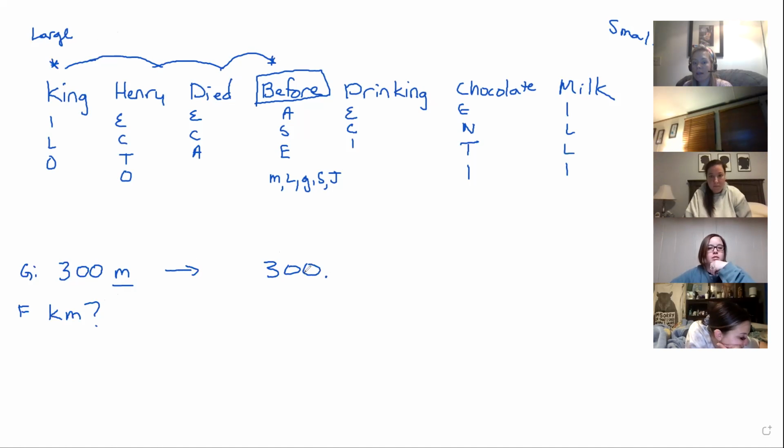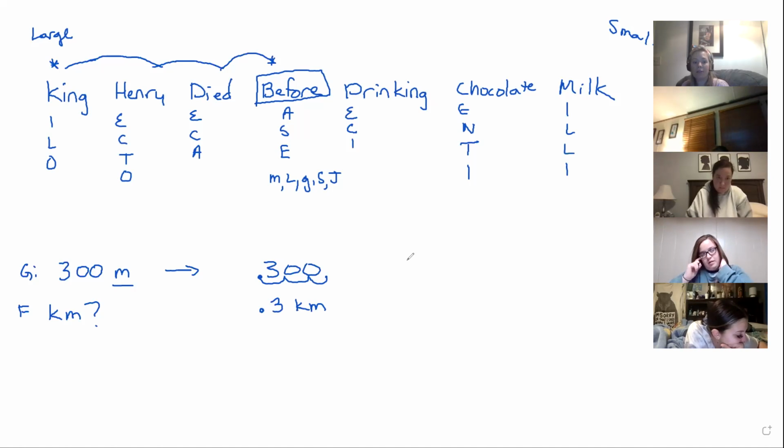So I need to do the same thing with my decimal that I did up here. So 1, 2, 3 hops over to the left. 0.3 kilometers. So fast, right? Can we do that with inches, feet, pounds, quarts? No, we don't get that.